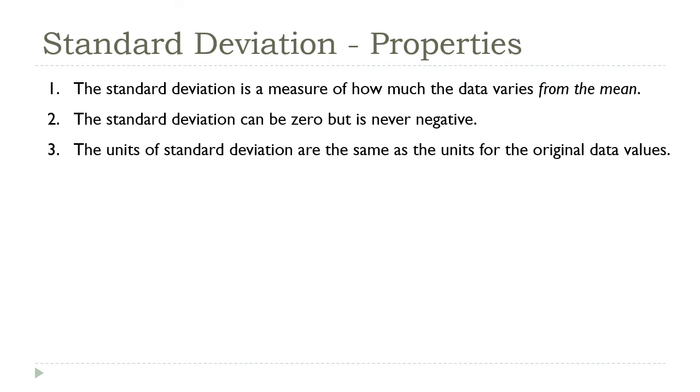Standard deviation can be 0, but never negative, and that follows from the square root part. Remember that whenever we take the square root of a number, we're always referring to the principal or positive square root. And finally, the units on the standard deviation are the same as the units for the original data value. So if our data is measuring heights in feet, for example, then the standard deviation will also be measured in feet.